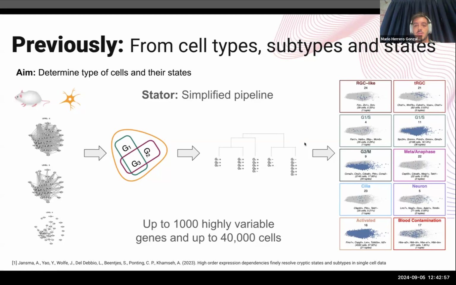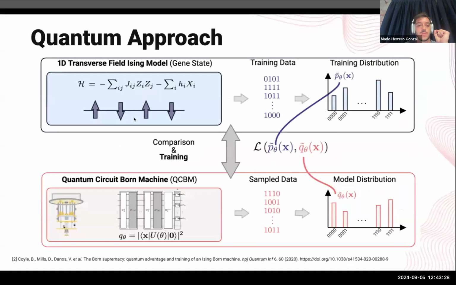Then we do a hierarchical clustering, and the pipeline ends by obtaining the signatures. So this worked, but they were only able to do it up to 1,000 highly variable genes with up to 40,000 cells. So our aim would be to try and improve the capabilities of this pipeline by just targeting this small section here, while we only want to retrieve better quality interactions.